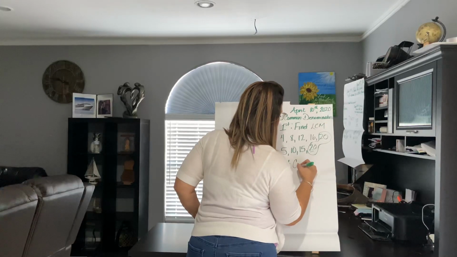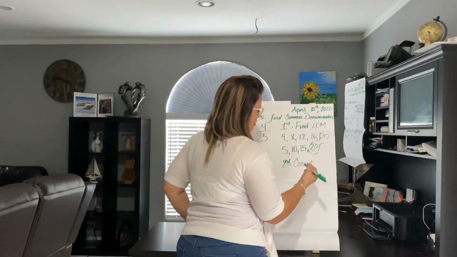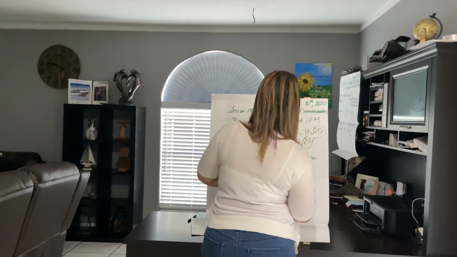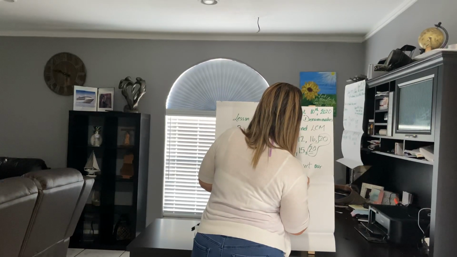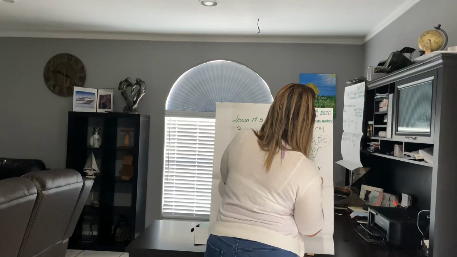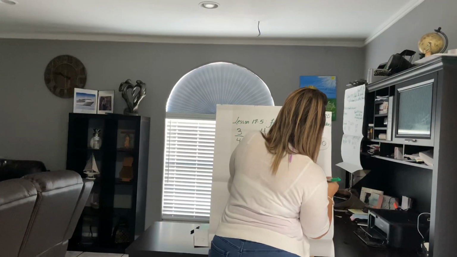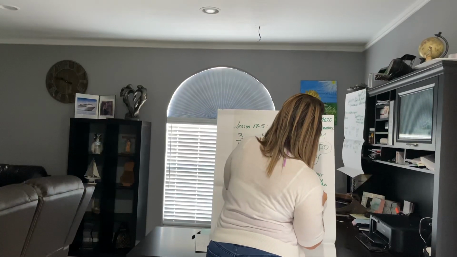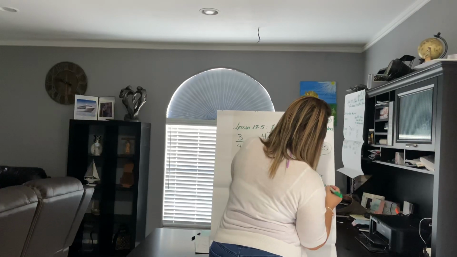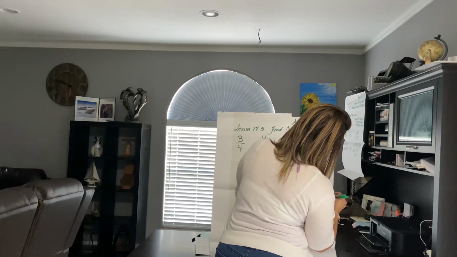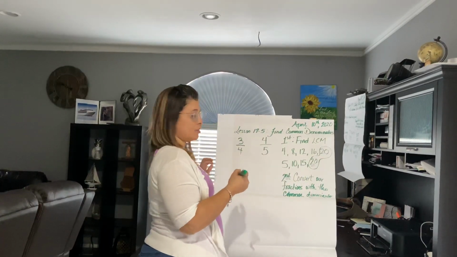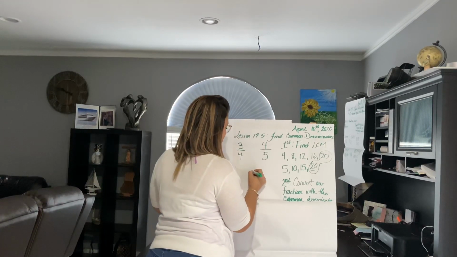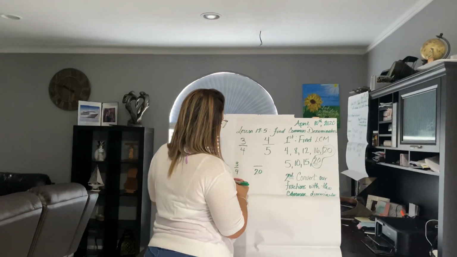We convert our fractions with the common denominator. Which is going to be which one? 20. So that means that each of these, I have to convert it to have a denominator of 20.